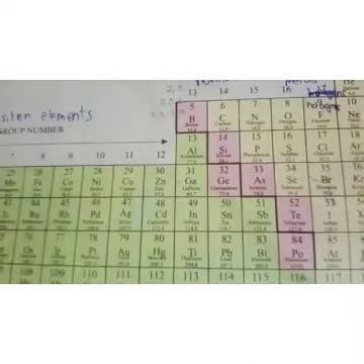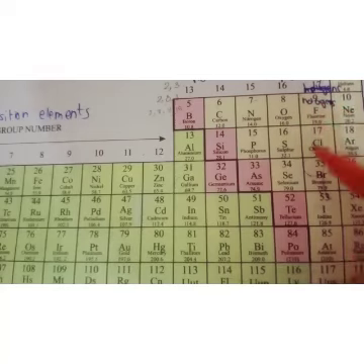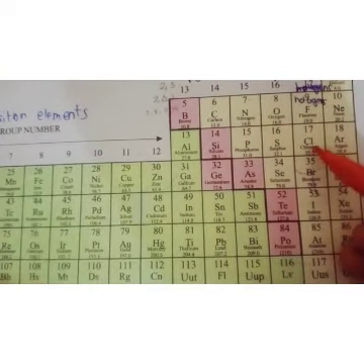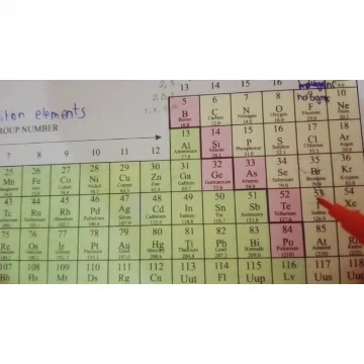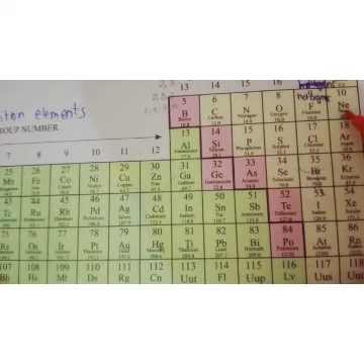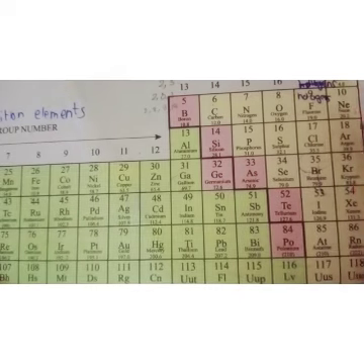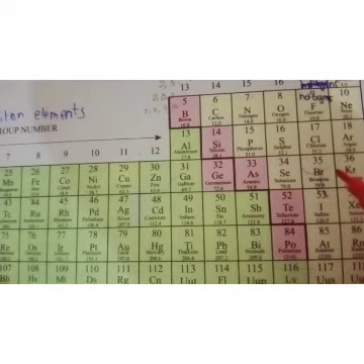Now group 13, 14, 15, 16 and this 17 group elements, that is fluorine, chlorine, bromine, iodine. These 17 group elements are called halogens, and 18th group elements helium, neon, argon, krypton, xenon, radon are called noble gases or inert gases.